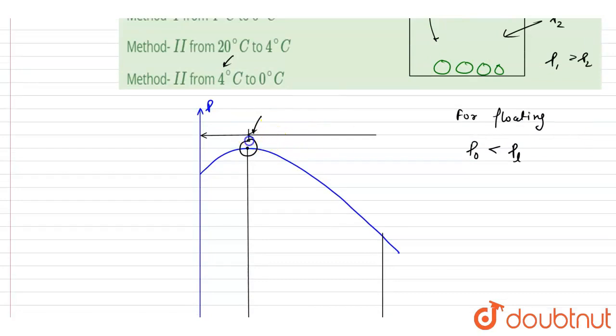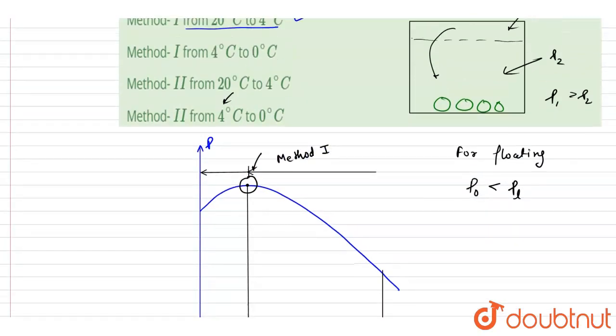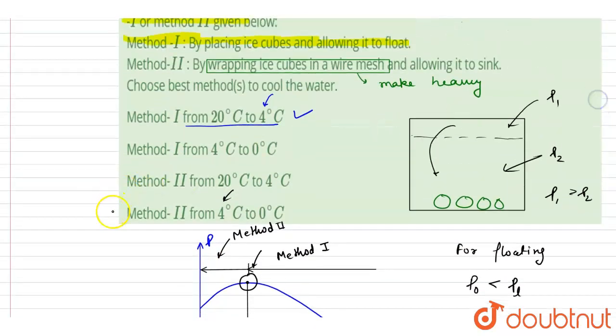From here to here, method 1, because we can't make a heavy liquid float on the surface, which is at 4 degrees Celsius. From here to here it is method 2. In method 2 we are already keeping a heavy liquid below, at the bottom. So method 2 is suitable for this range. So this is also correct. So A and D are the correct ones.